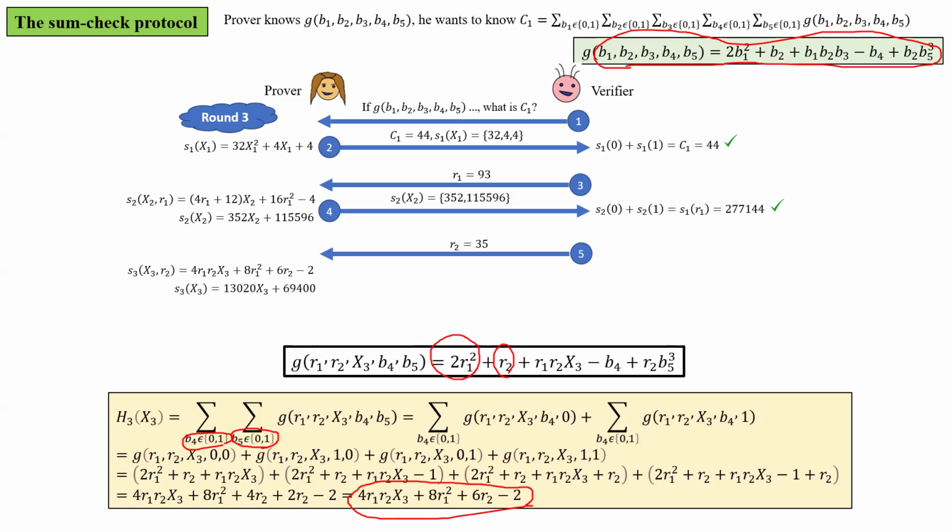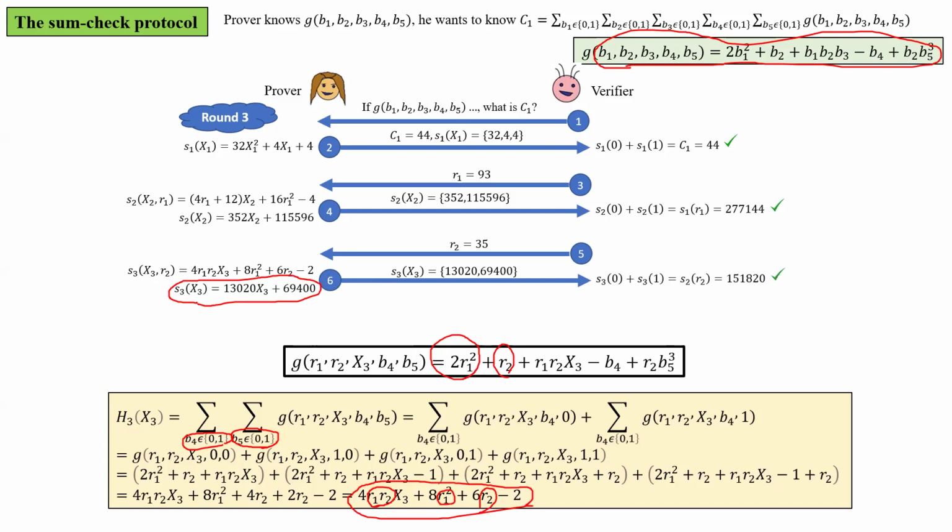And then by replacing variables r1 and r2 with values 93 and 35, the prover reaches s3(x3). So then the prover will share the coefficients of polynomial s3 with the verifier.